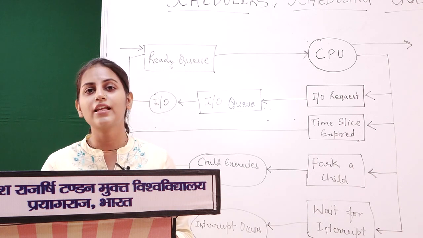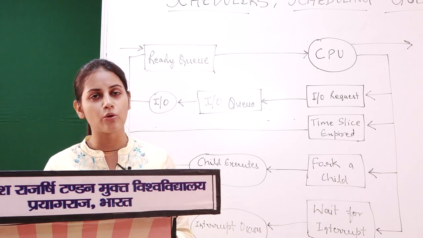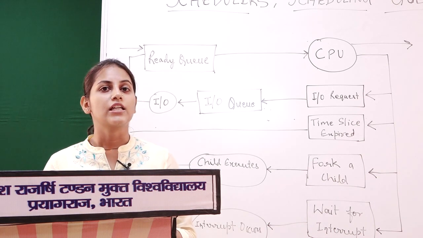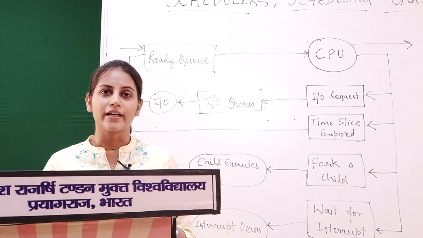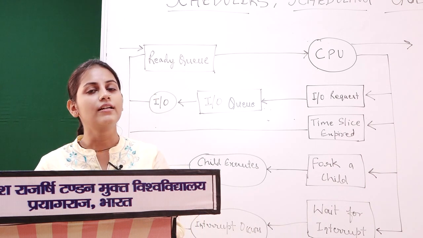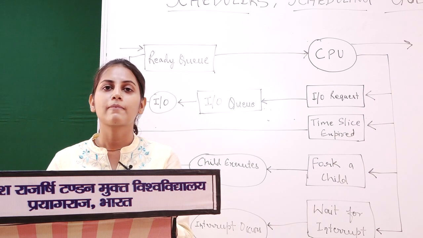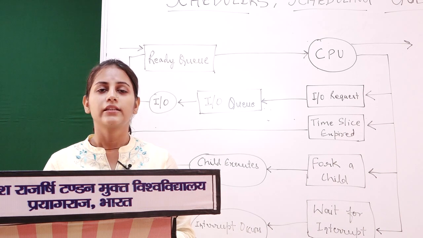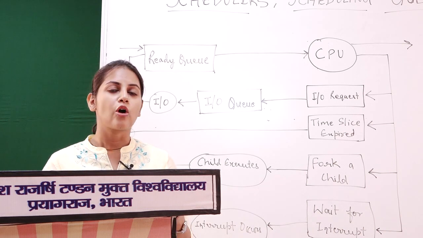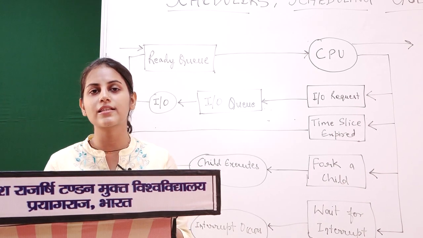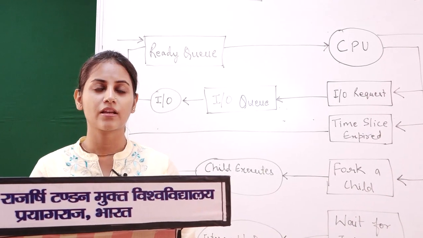This context is available in the process control block of that particular process. The switching requires saving the state of the current process and loading the state of the process chosen for execution. This process of saving the state of the current process and loading the state of another process is known as context switching.